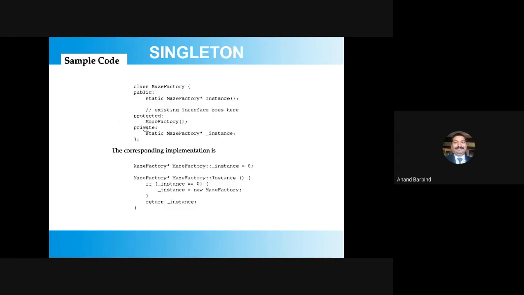Then in the private part, it will be the static attribute which is of the class's own type, and that too a reference. The MazeFactory reference type attribute is declared as static in the private part.